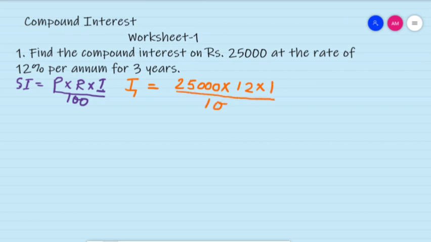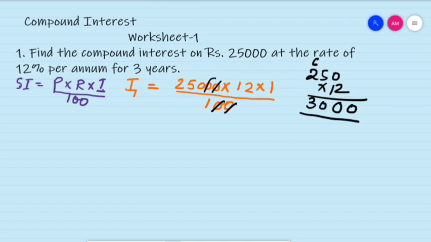Now divided by 100. Now see, 0, 0 cancel. You are left with 250 into 12. So 12 zeros are 0, 12 5s are 60, 6, 24 and 6, 30. That means your interest after the first year is rupees 3,000.